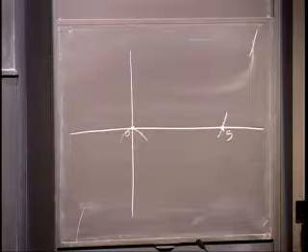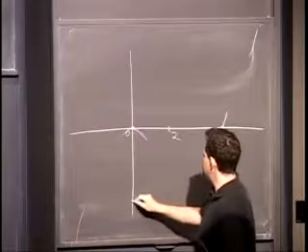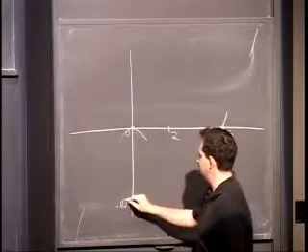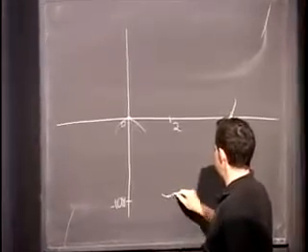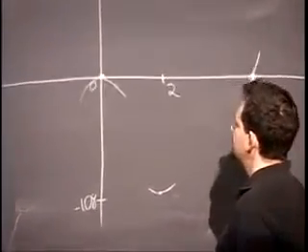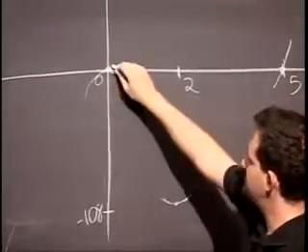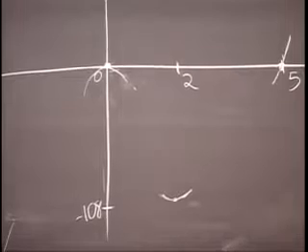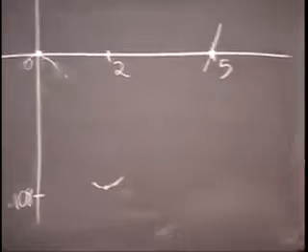What else do we know? We knew that there is a local minimum at x equals 2, and that the y-coordinate there is minus 108. So this is obviously not to scale on the same scale on both axes, because that's 108 and that's only 2. But we also know that there's a horizontal inflection point at x equals 5.